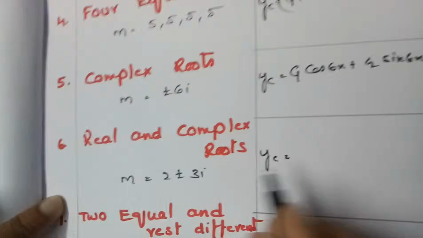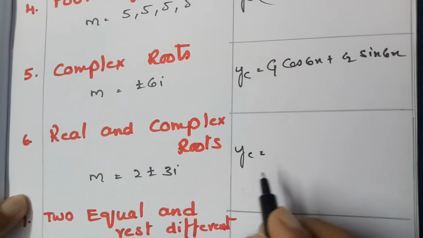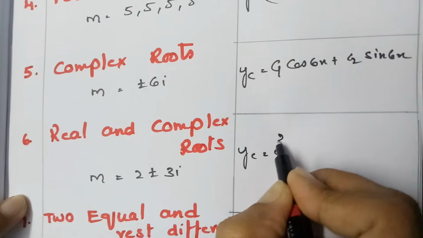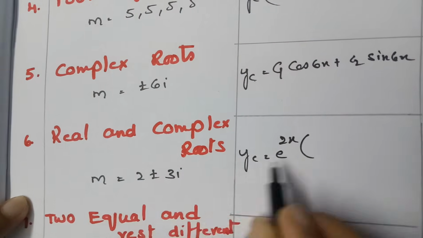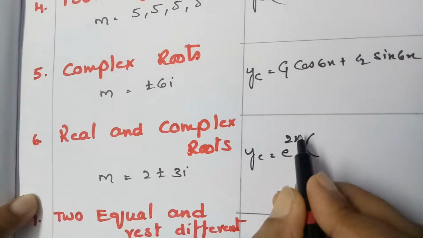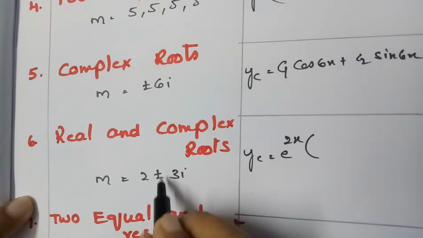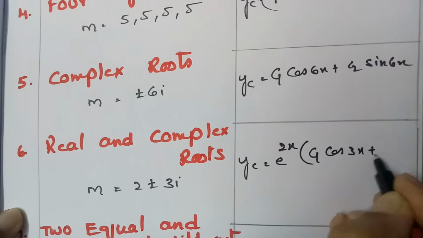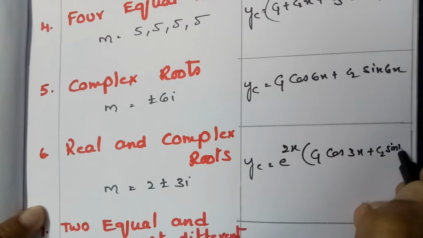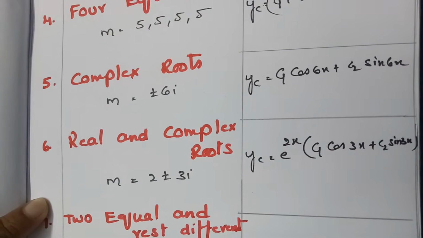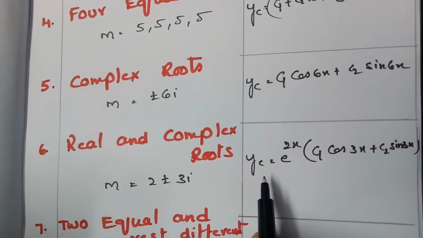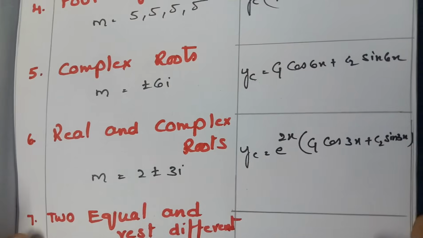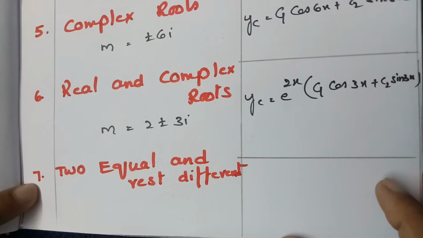For the real root I have to write e power 2x. I have to take the real values in exponential notation, and for these complex roots I have to write c1 cos 3x plus c2 sin 3x. So this is how we have to write a complementary function after getting the roots, that is real and complex roots.